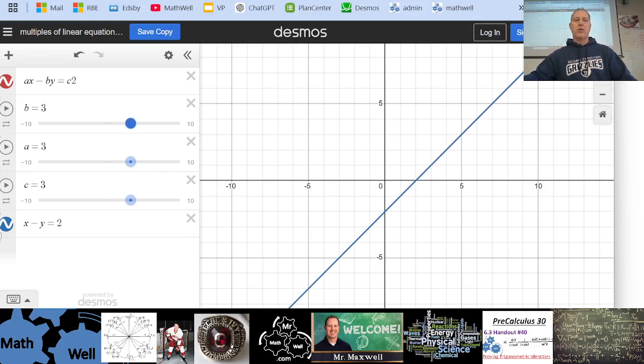And that works for anything, like negative 3.4. So that's showing you that if you multiply all of the terms by the same number, it's actually the same line.